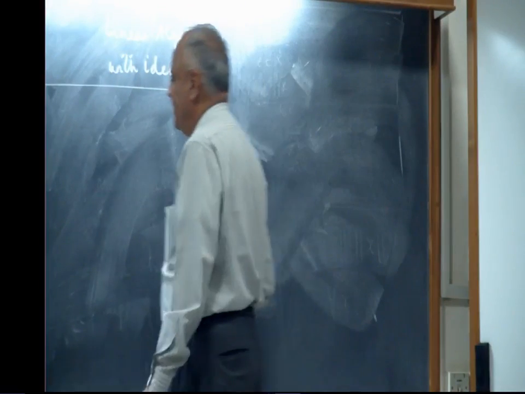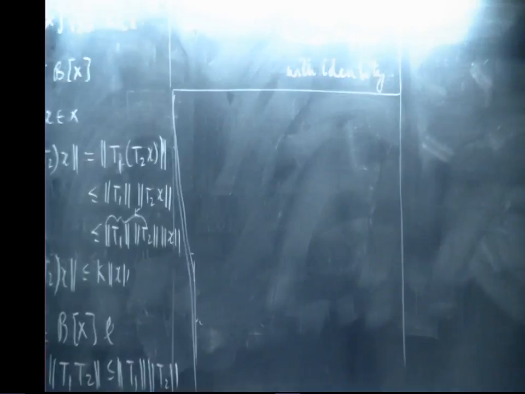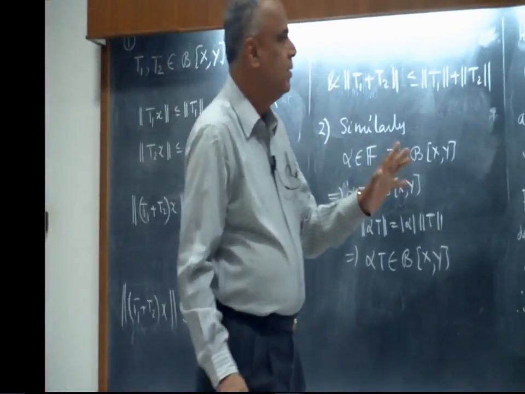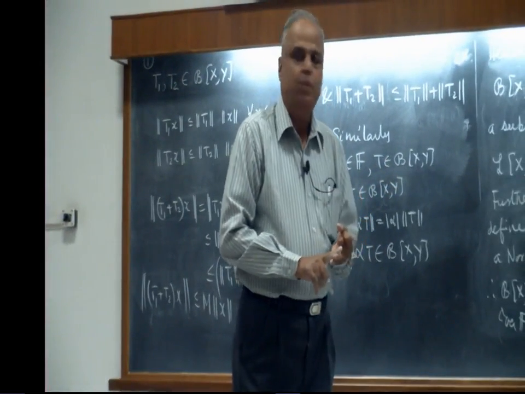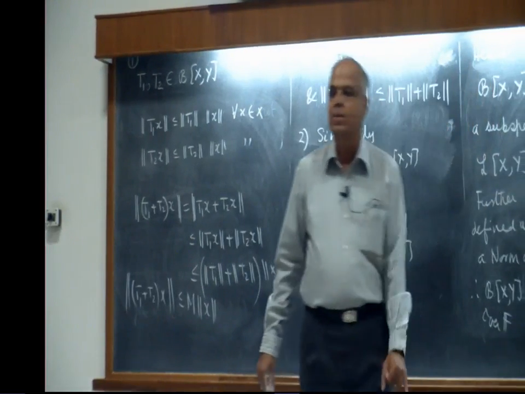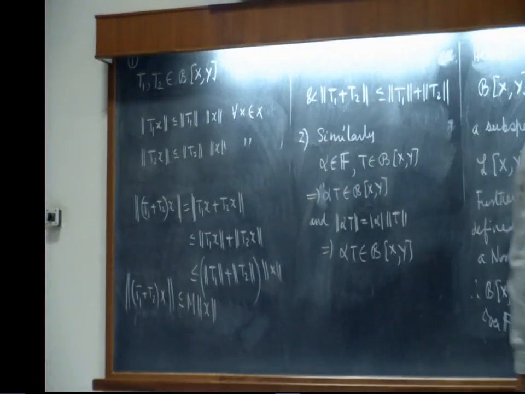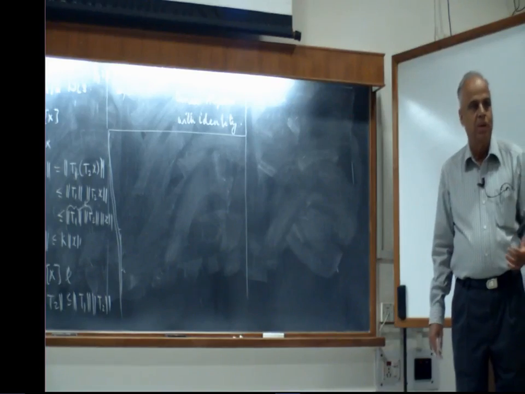Now therefore we have that B(X), the class of all bounded linear operators on a normed linear space, is a vector space. It's a subspace of the vector space of linear transformations from X to Y, and in particular if I take X equal to Y, the collection of all bounded linear operators on a normed linear space is a normed linear space with identity, it's a normed linear algebra.